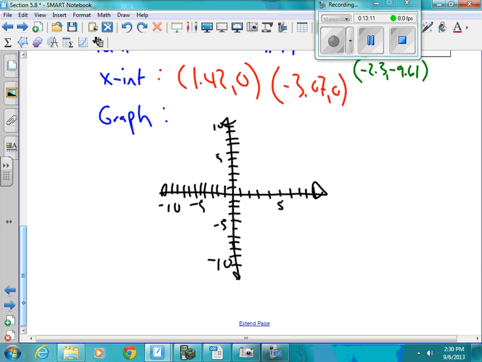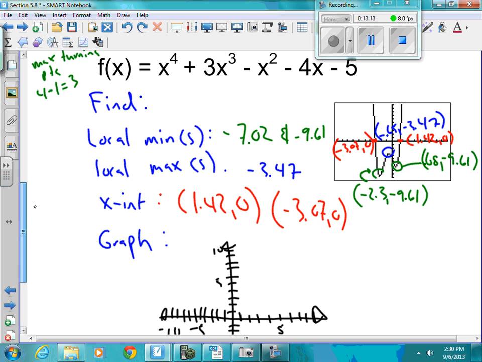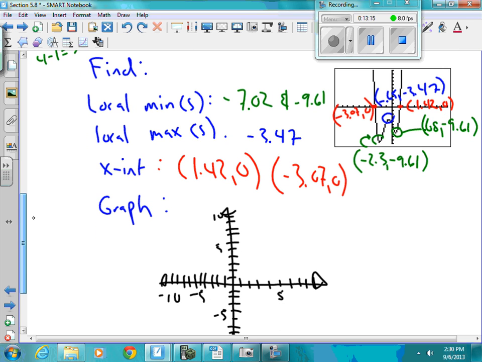Okay, so I found the coordinates of my x-intercepts to be negative 3.07 and 0, and 1.42 and 0. I found my local max to be negative 0.65 and negative 3.47.